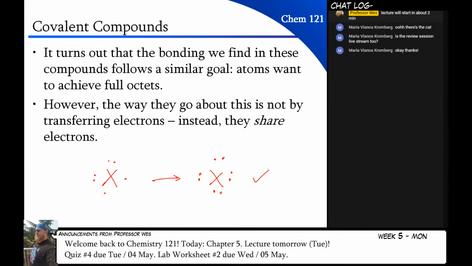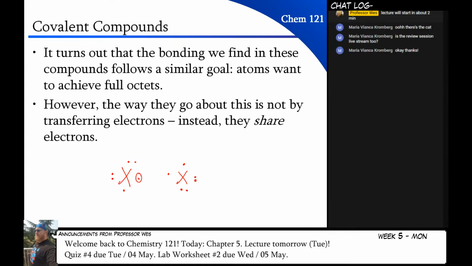But how we're going to go about doing that in this chapter is a little bit different, because instead of pairing a metal with a nonmetal, we're going to pair two nonmetals together. So I'm going to just put a generic nonmetal here. And we'll do another one here.